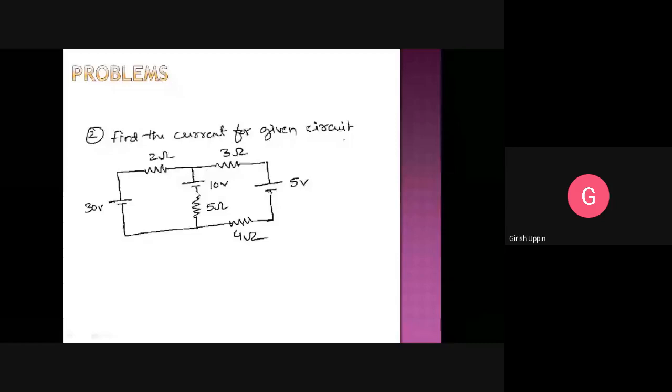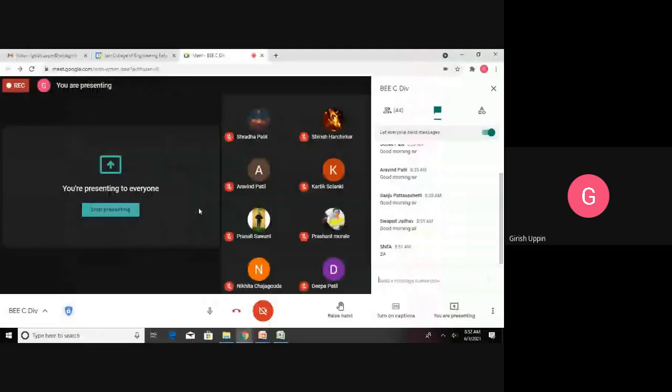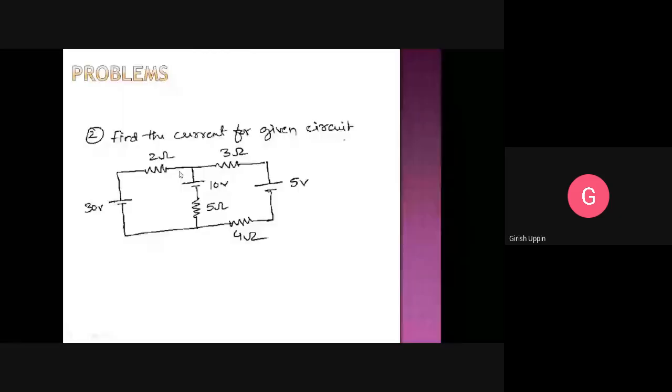Now I am saying I1 is the current flowing here, and you mark this as current I2. So in terms of I1 and I2, how much current will flow here? Please speak up. How much current will flow here in terms of this being I1 and this being I2? Anybody?